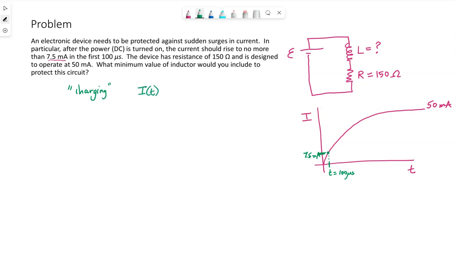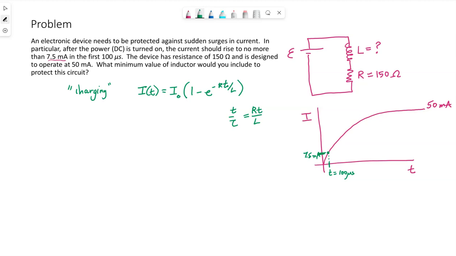So our equation for the current flowing in a circuit that's increasing in time, so that the energy is increasing in our inductor, has t over tau in the exponent, but we know tau is L over R. So I went ahead and jumped to that step where I put L over R in for tau.